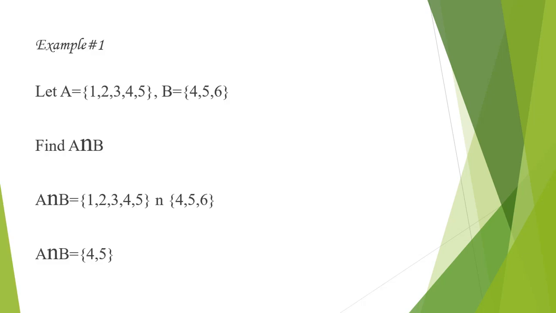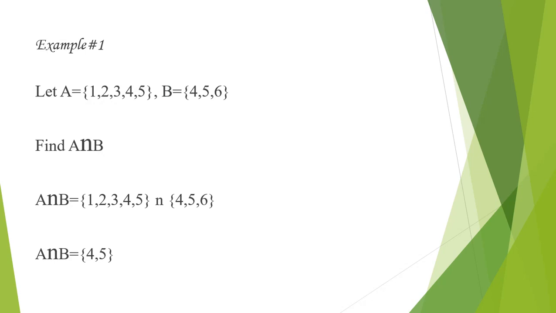Now check out the example. Let A equal 1, 2, 3, 4, 5 and B equal 4, 5, 6. As we have done in our previous example, first you have to list the elements of A, then put the sign of intersection, then you will write the elements of B. Now how will you find the answer? You will see which elements are common between these two sets.